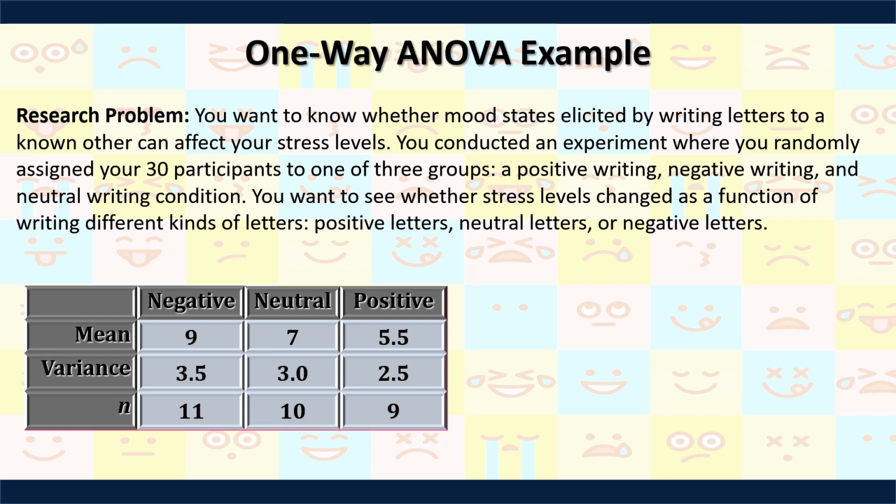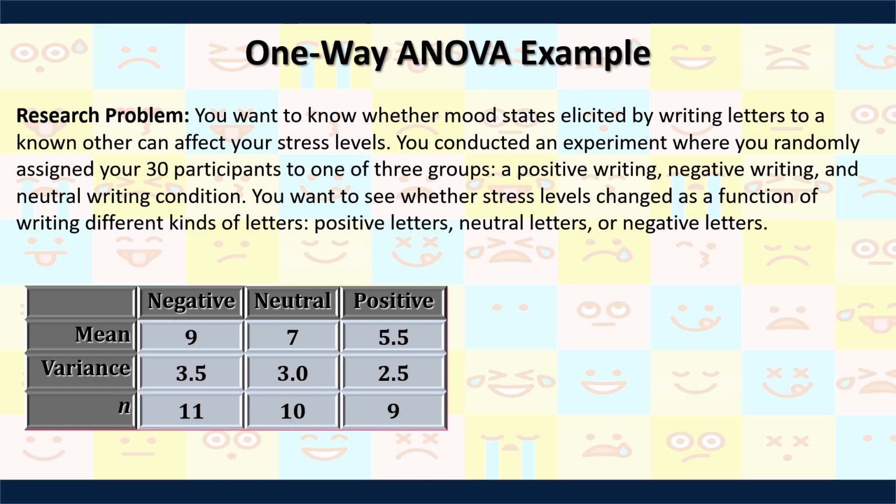In the positive condition, you ask participants to write a good memory they had with this friend. In the neutral condition, you merely ask participants to recall their day-to-day. To measure the dependent variable stress, you took a swab of their saliva and sent it to a lab to check participants' level of cortisol, a biological marker of stress. The more the cortisol, the more stressed participants were.